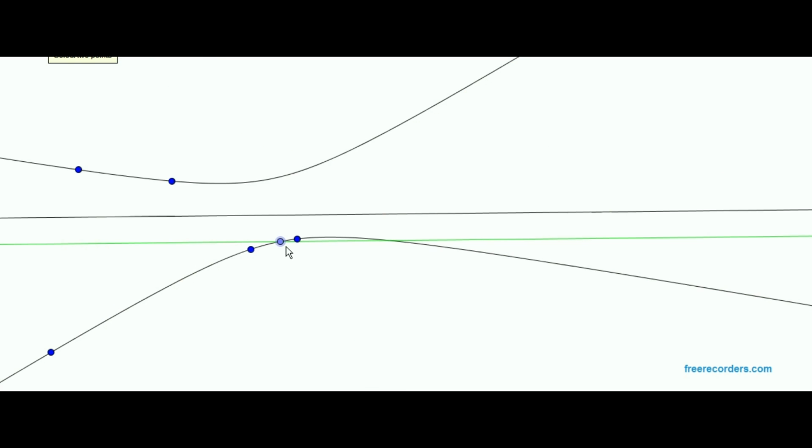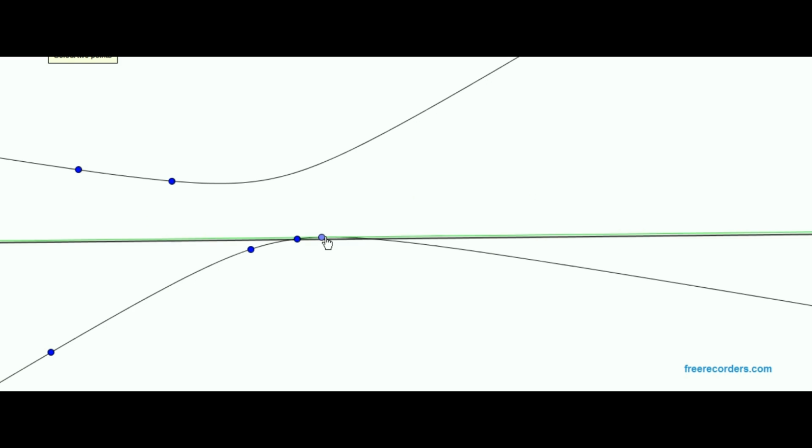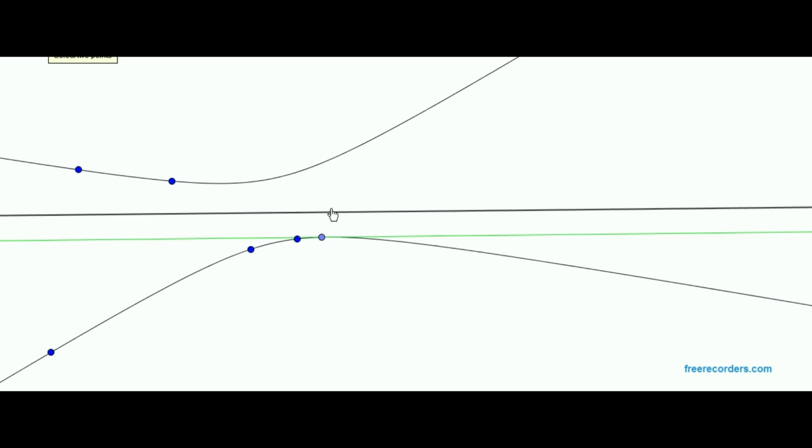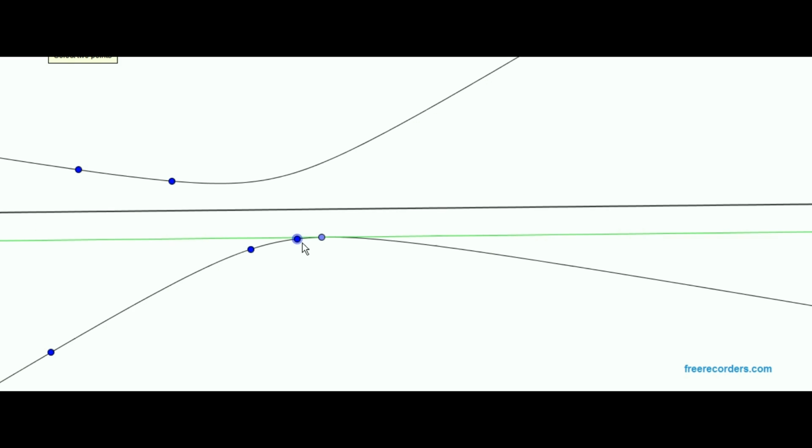So to begin with then, we want to find out where the real part of the contact point is. So we can see that this line doesn't meet this hyperbola at any real points in this case. So we draw these lines parallel to it that are tangent to our hyperbola.